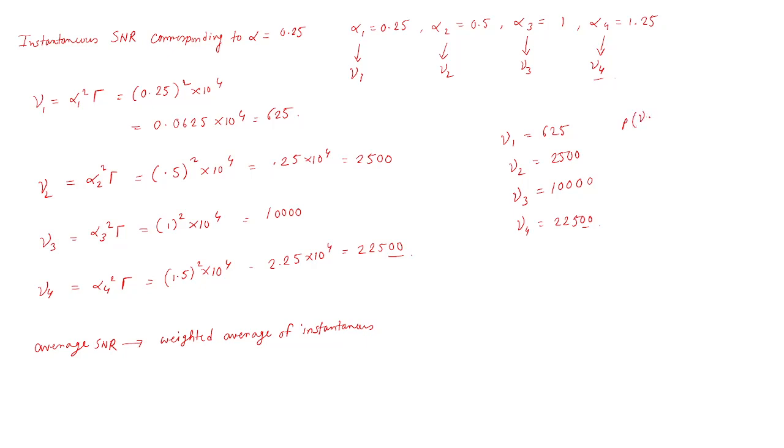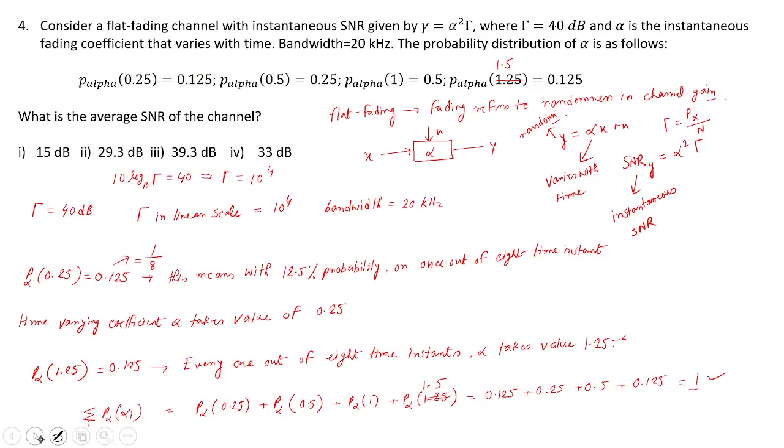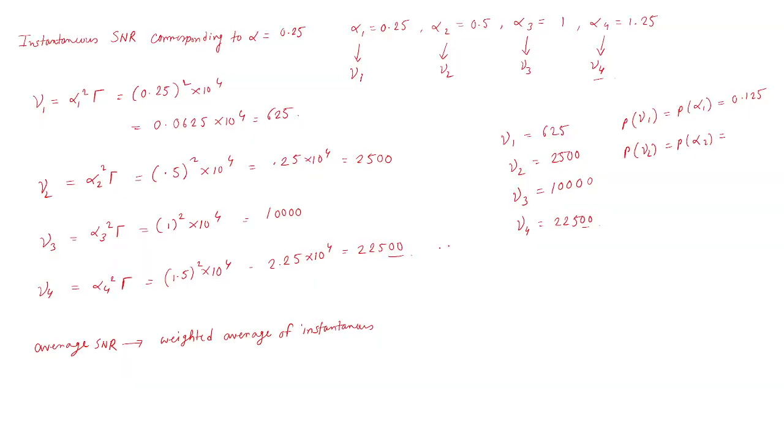Probability of gamma 1 is the same as probability of alpha 1, which is 0.125. Probability of gamma 2 is the same as probability of alpha 2, which is given as 0.25.